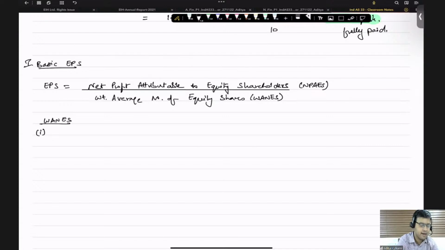What is it? It refers to essentially the number of shares weighted for the duration they were present in the capital structure.